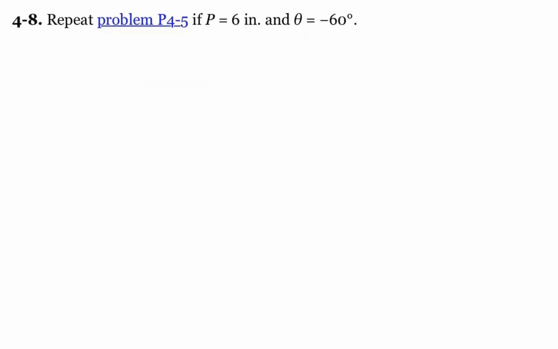Let's draw it. So first, remember, we have real actual quadrants, and this is 0 degrees still. So if I'm going negative, I'm going clockwise.